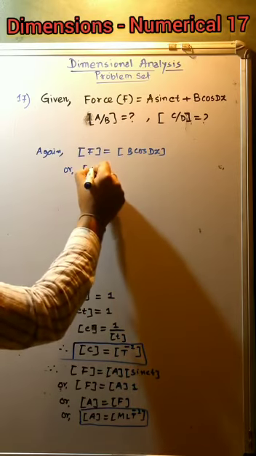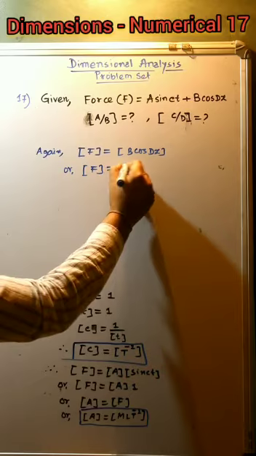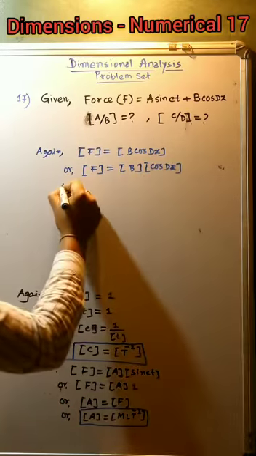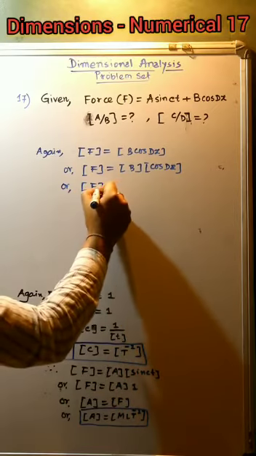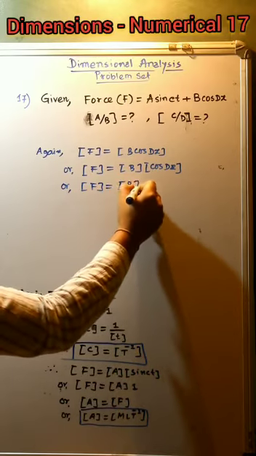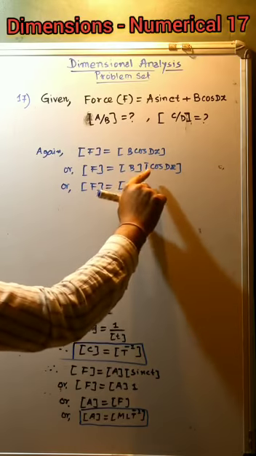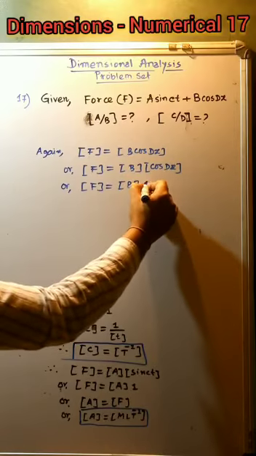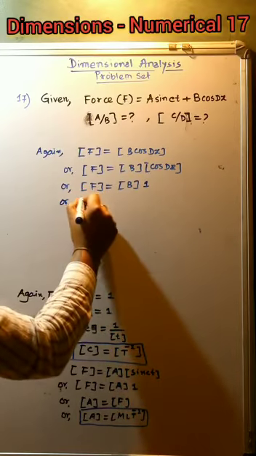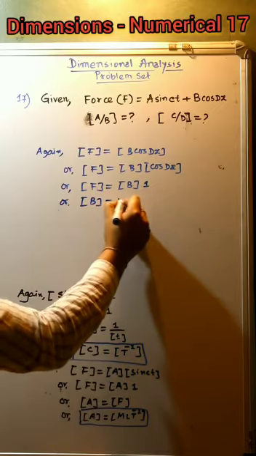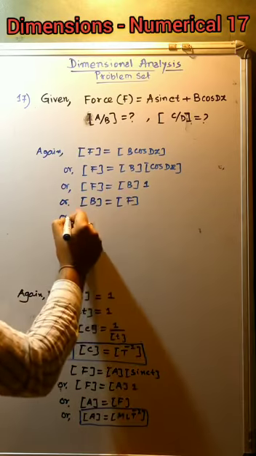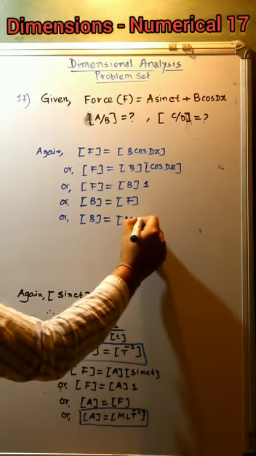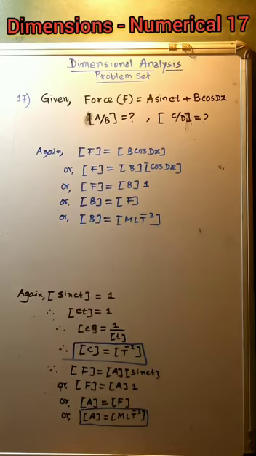Or, dimension of F is equal to dimension of B into dimension of cos dx. Cos dx is a trigonometric function, a ratio of the same type of physical quantity, that's why it has no dimension. So dimension of B is the same as that of force. Finally we get dimension of B as M L T to the power minus 2.